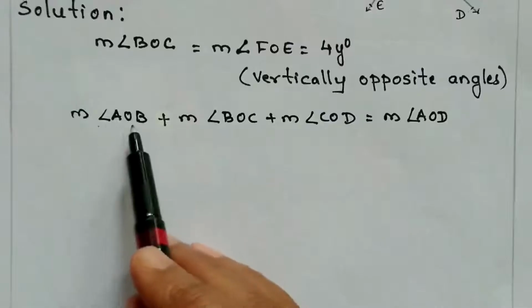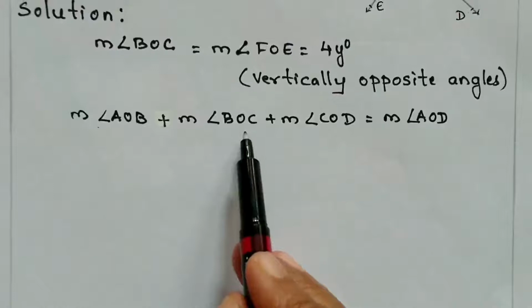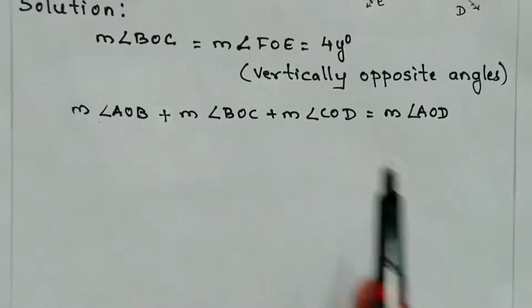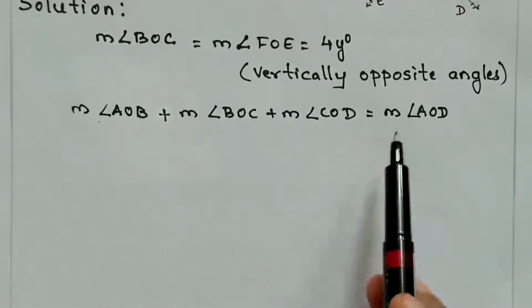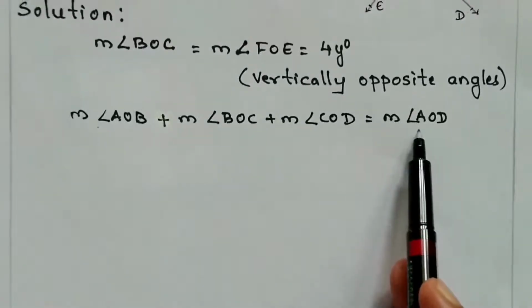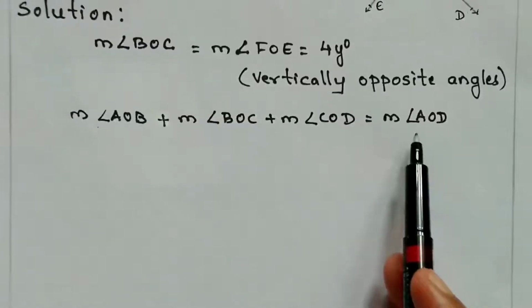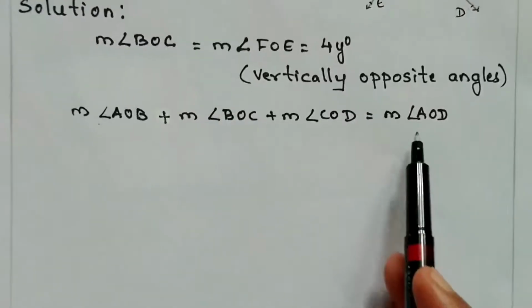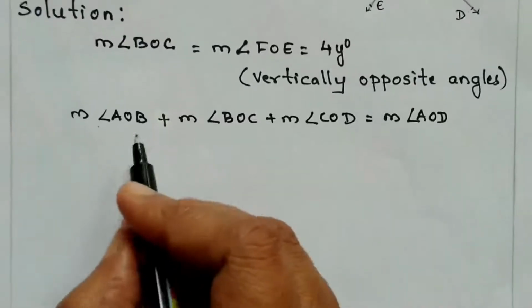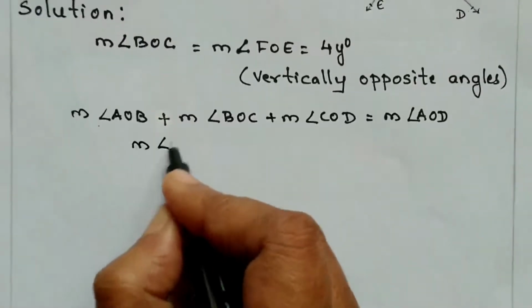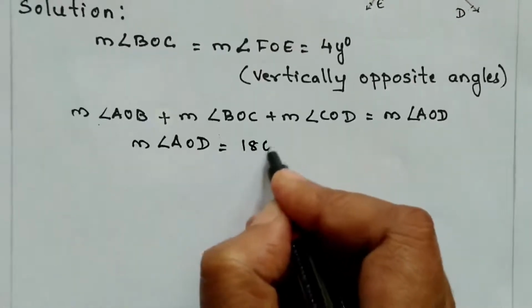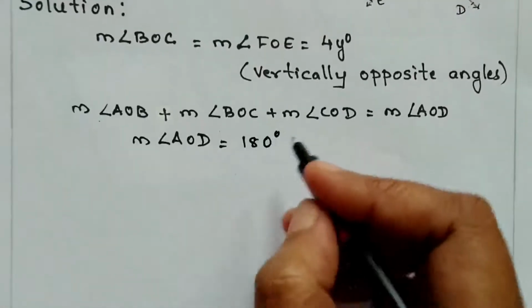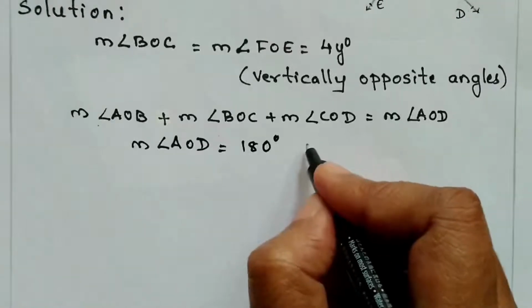So we write measure angle AOB plus measure angle BOC plus measure angle COD as measure angle AOD. Angle AOD is a straight angle. What is the measure of a straight angle? Measure of a straight angle is 180 degree. So let's write that. Measure angle AOD is equal to 180 degree because it's the measure of a straight angle.